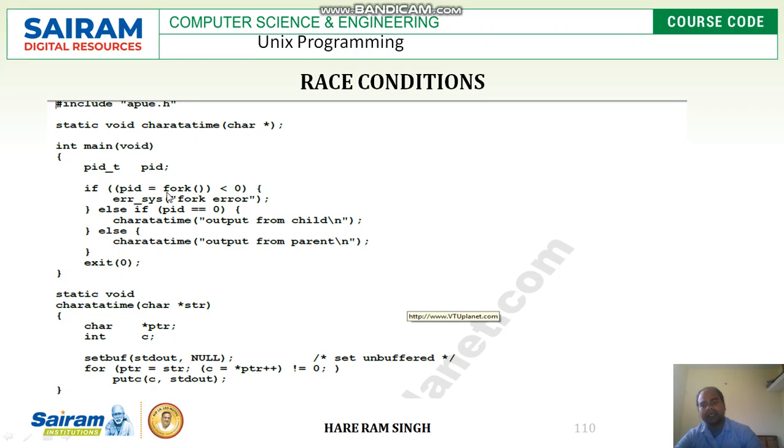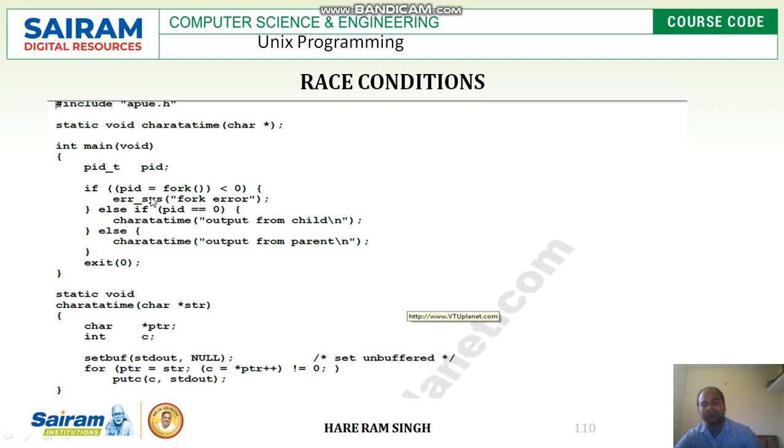Now we create a child process using the fork function and assign what it returns to pid. If pid is less than 0, meaning fork returned a negative value and the child process has not been generated, it will send an error message, err_sys fork error, meaning there is some error in fork.